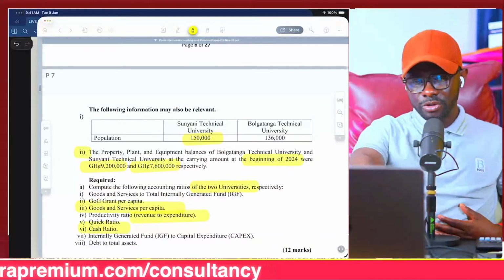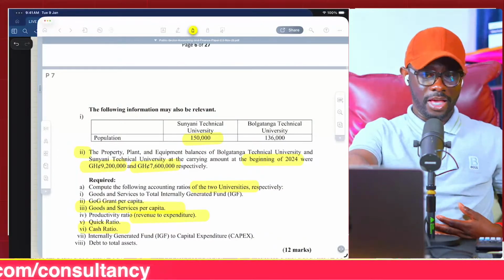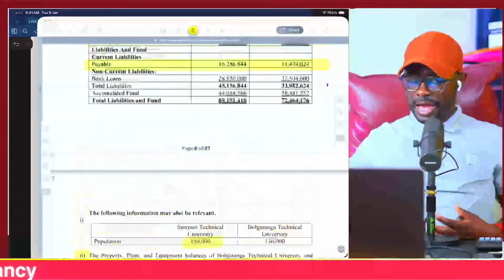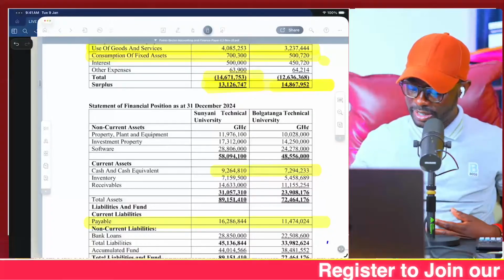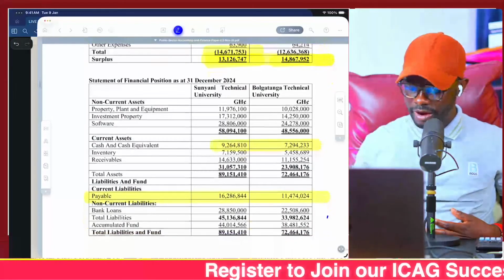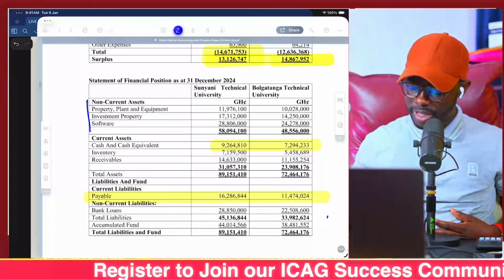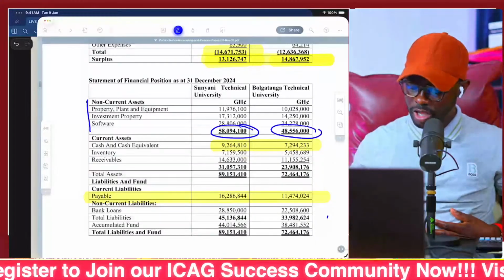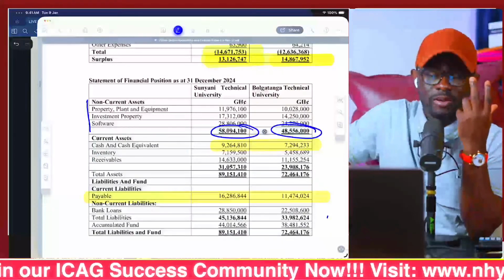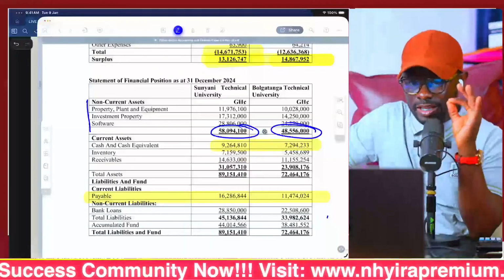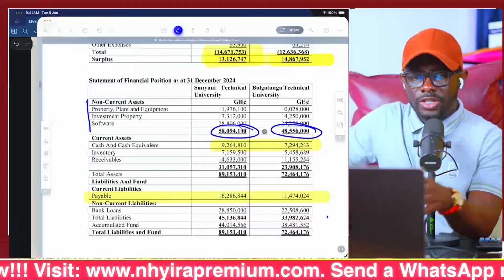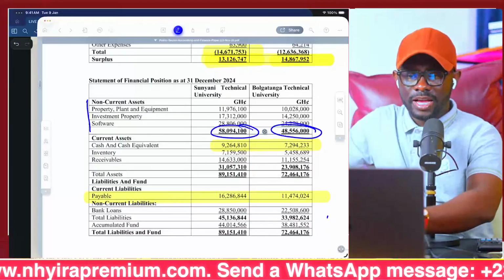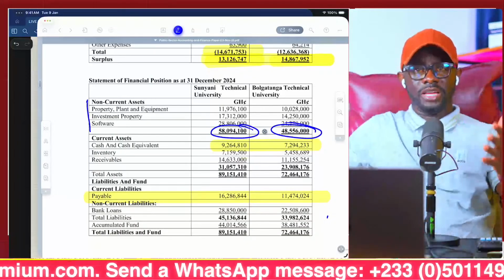Now, assuming note 2 was not there, then our capital expenditure would have been calculated by looking at the things under non-current assets. So probably all these figures here would have been considered as capital expenditures. And that's something I want you to be mindful of, including equity investments, because in the public sector, equity investments are considered capital investment.